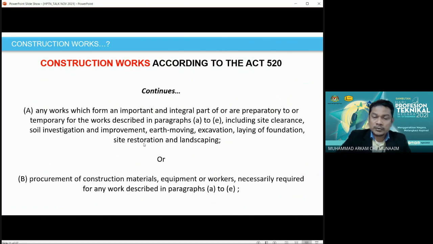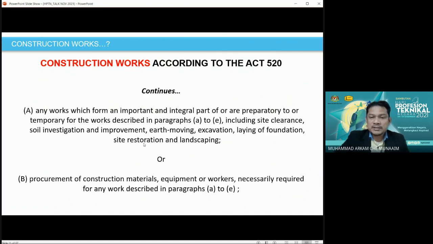And of course, the procurement of the materials related to construction, equipment or workers as well, necessarily required for any work described in paragraphs A to E. So these are the meaning of the construction works according to the Act.